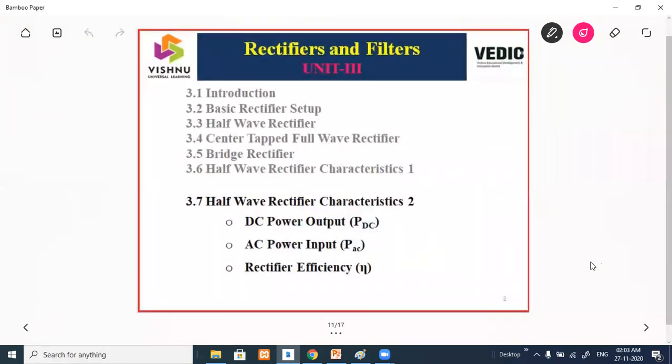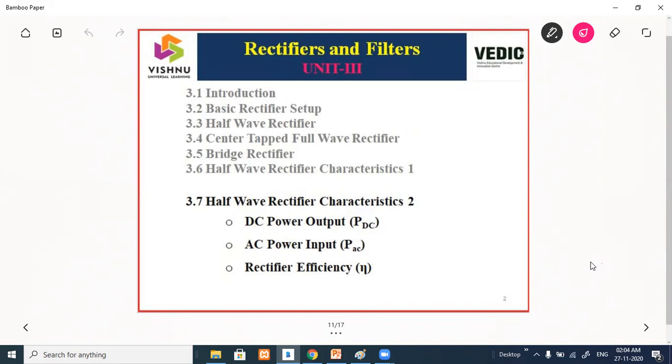In unit number 3, rectifiers and filters, we already discussed the introduction to rectifiers, basic rectifier setup, half-wave rectifier operation and waveforms, center tapped full wave rectifier operation and waveforms, bridge rectifier operation and waveforms, and half-wave rectifier characteristics such as average DC load current, average DC load voltage, and RMS value of load current.